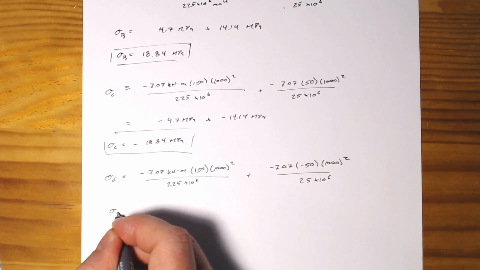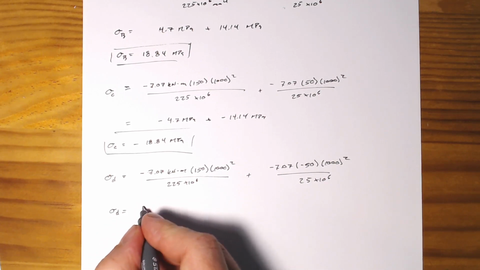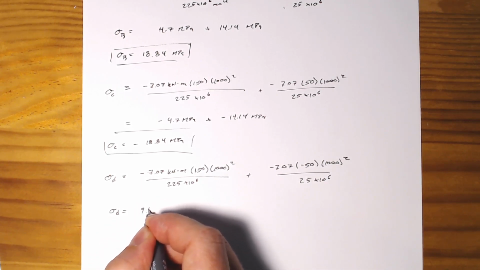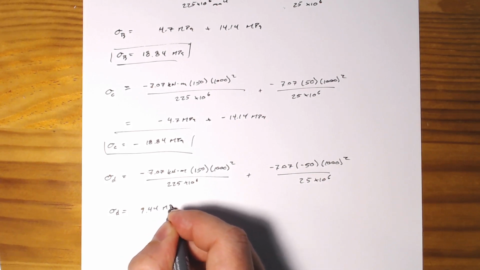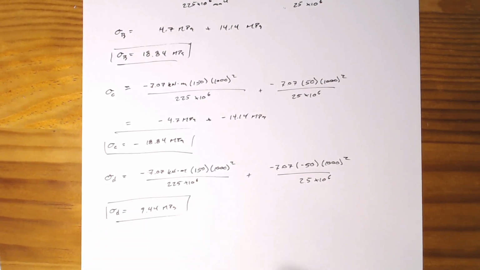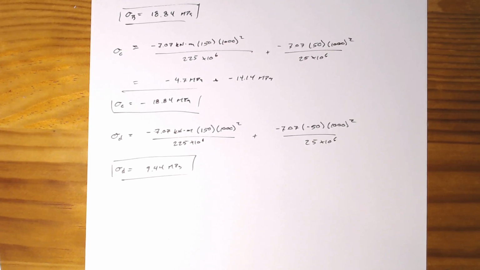And we find sigma D equal to 9.44 megapascals.